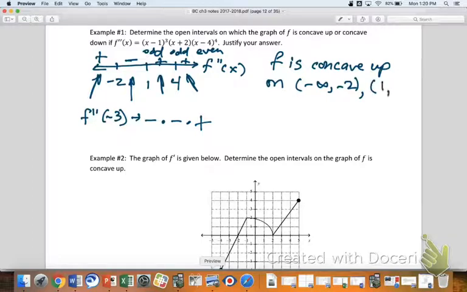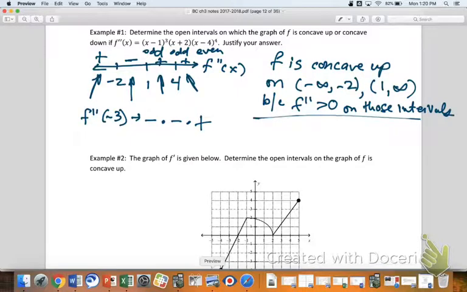Technically, you could just say 1 to infinity. Really? You could say 1 to 4 and 4 to infinity, but 1 to infinity would certainly cover it all. Can't really have concavity at a single point. Really has to be judged on some type of interval. So I would take either one of those. Because f double prime is positive on those intervals.